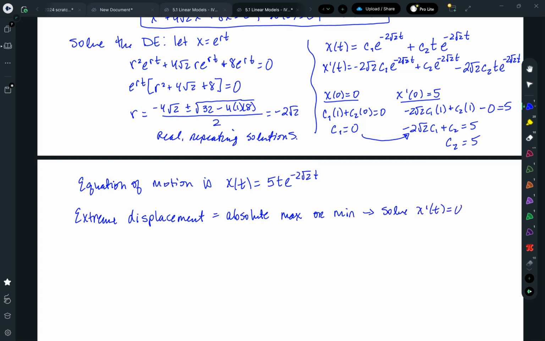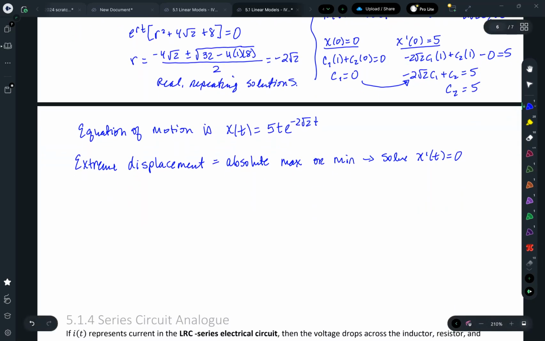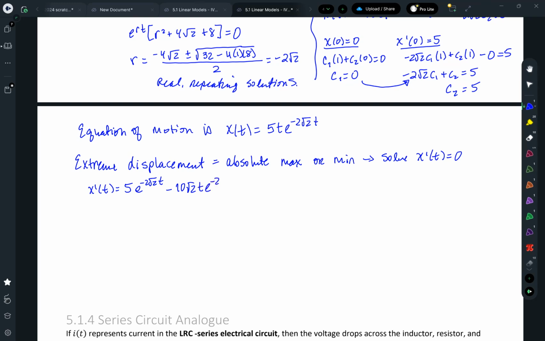Okay, and that means we need to solve x prime of t is equal to 0, because we want to know where the tangent line is flat, horizontal. In other words, it has a slope of 0, because that correlates with our derivative. Okay, so I need x prime of t, and then I can set it equal to 0 and solve. So x prime is 5 e to the minus 2 square root 2 t minus 10 square root 2 t e to the minus 2 square root 2 t. I can factor this.